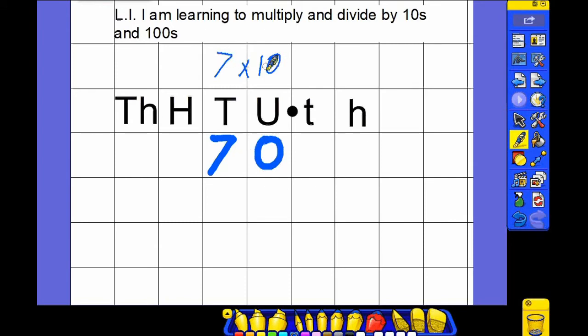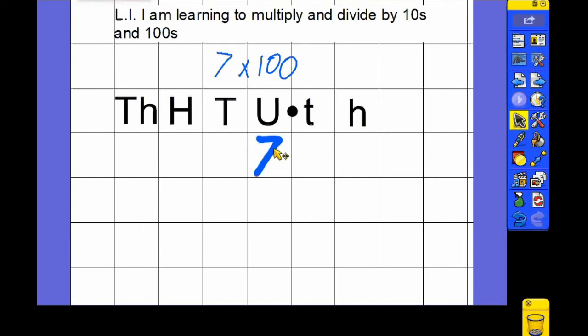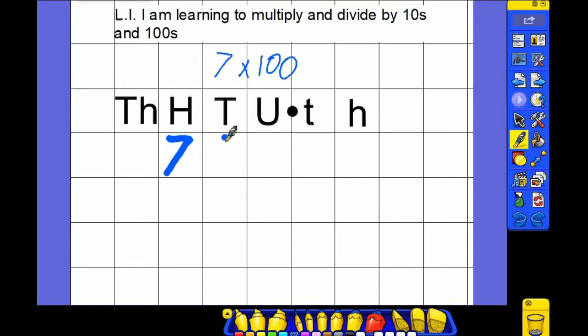So 7 times 10 becomes 70. What about 7 times 100 then? Well, in this case, instead of going up just one place, it's going to go up 2 places, which means that we're going to have 2 zeros fill in the gap. So 7 times 100 becomes 700.